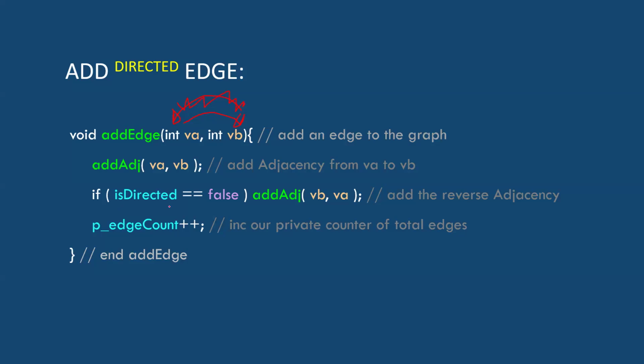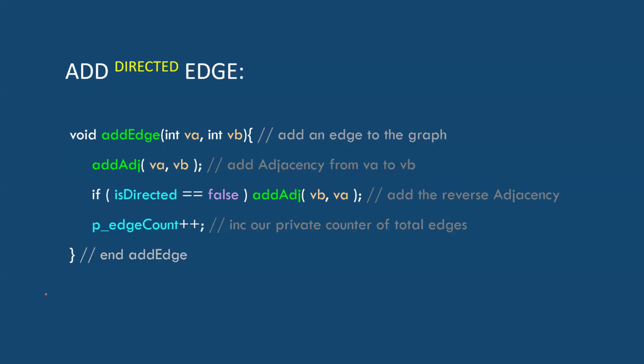Since we're moving to directed equals true, then we're really most of the time only going from A to B. The direction's kind of important. The first argument will be pointing in the direction of the second argument. So when you're doing your graphs for your homework 7, you'll not want to flip those around arbitrarily because you'll get a different result than probably what I'm expecting you to have, okay?